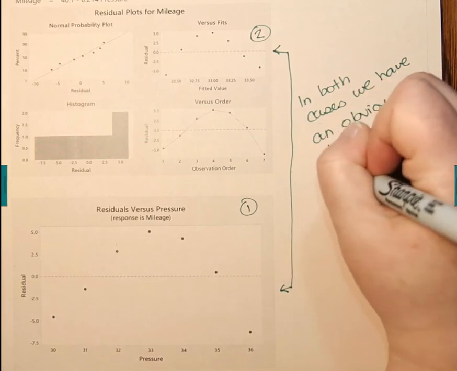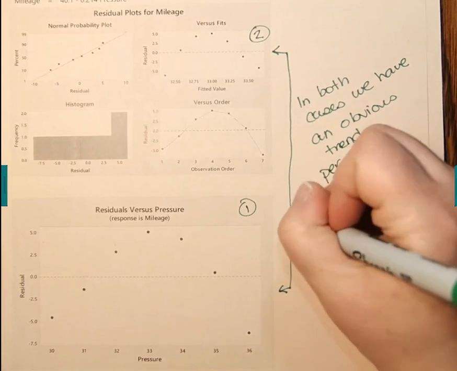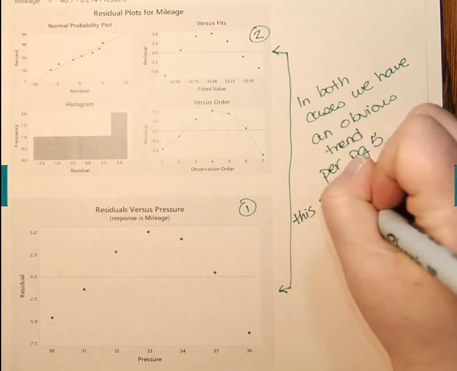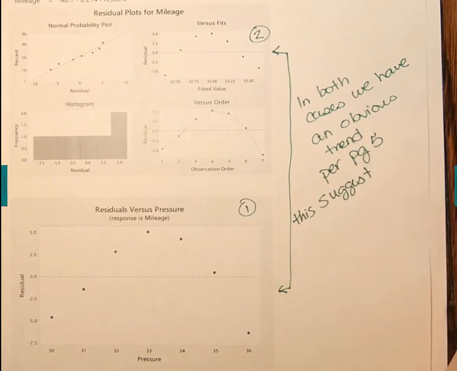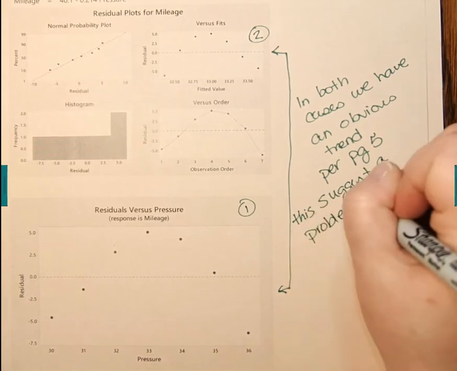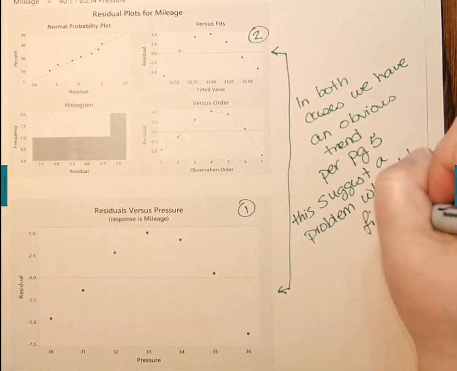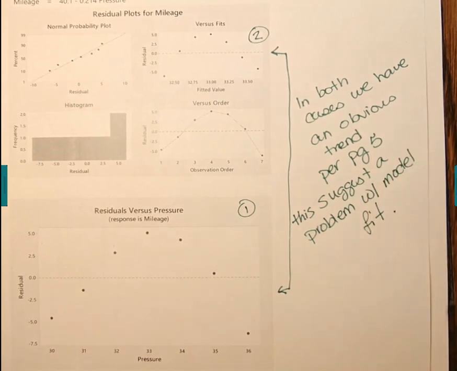Per page 5 that we just looked at, this suggests a problem with model fit. This really isn't surprising because we already saw back in chapter 4 that we should be using a quadratic model for this data. So it should be no surprise that fitting a linear model is going to be a problem.